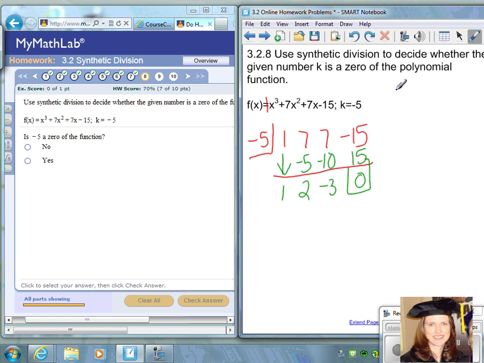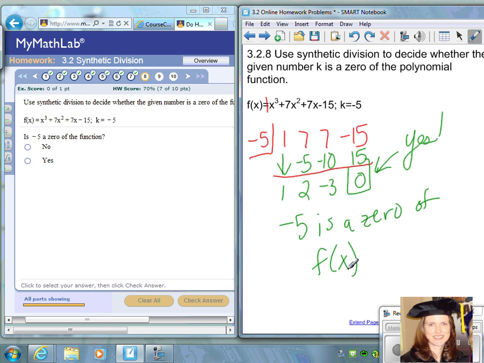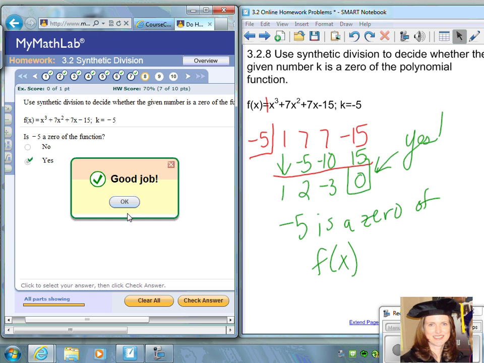The remainder is 0, so the answer is yes. We can say -5 is a zero of the polynomial function. And we base a decision on whether or not we have a remainder of 0.